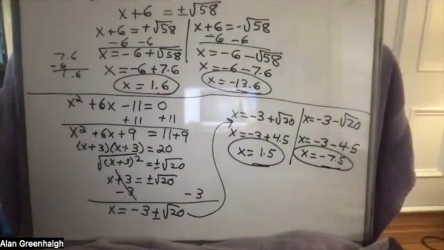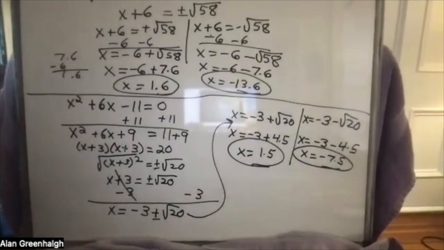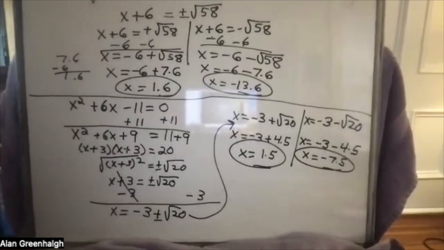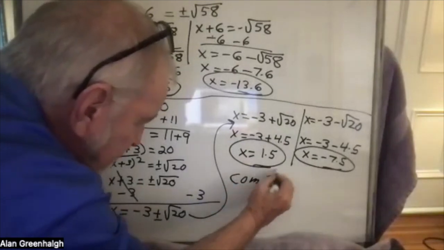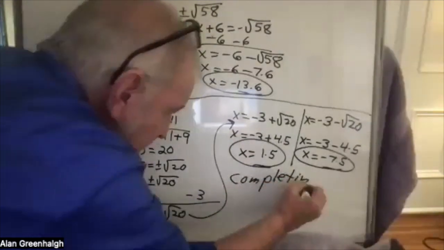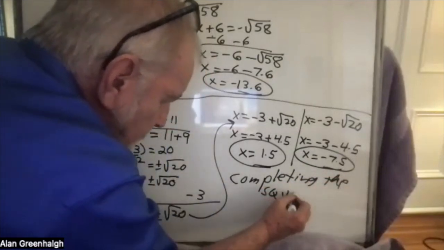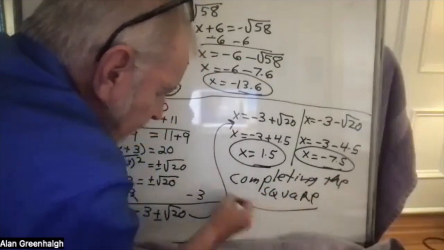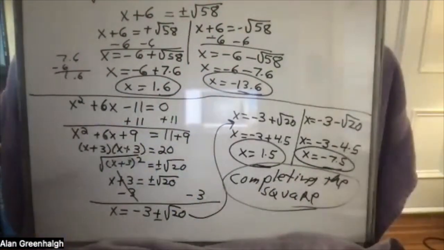That's solving an equation which cannot be factored by the method of completing the square. Let me write it here, because I don't want to go off the problem. The method is called completing the square. And when we talk about completing the square, this process of taking half of the 6, squaring it and getting 9, we're completing the square.